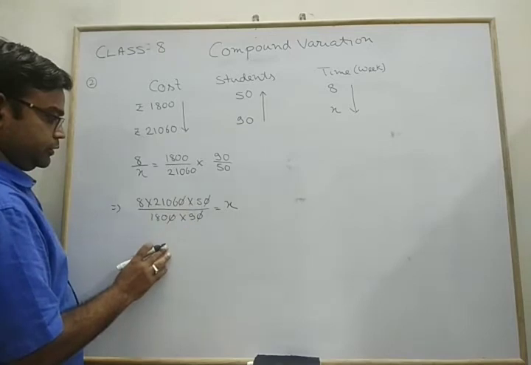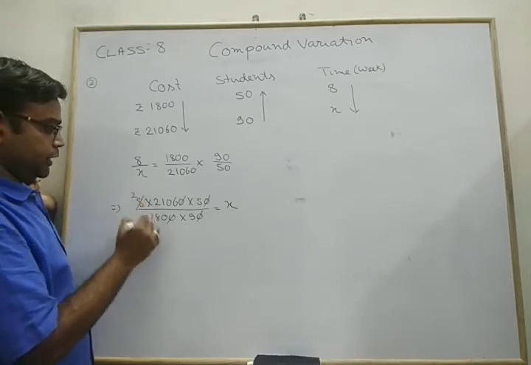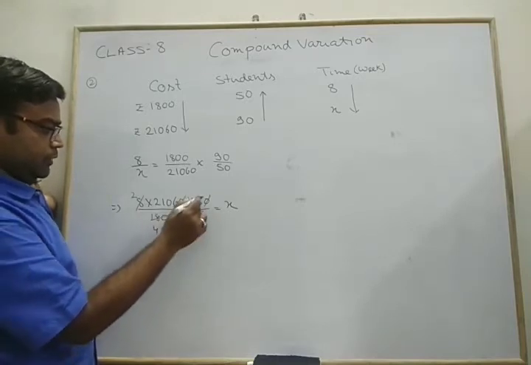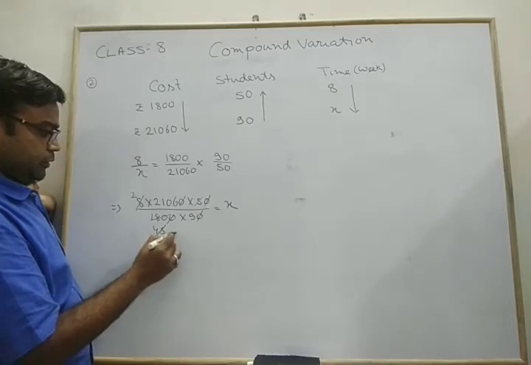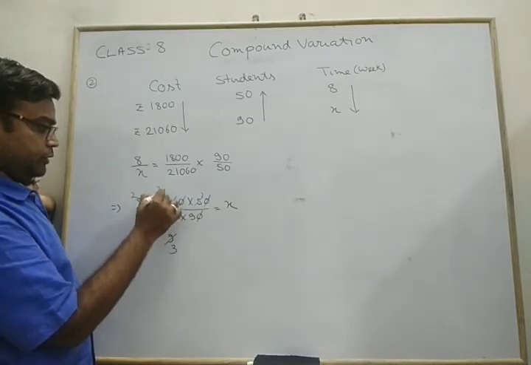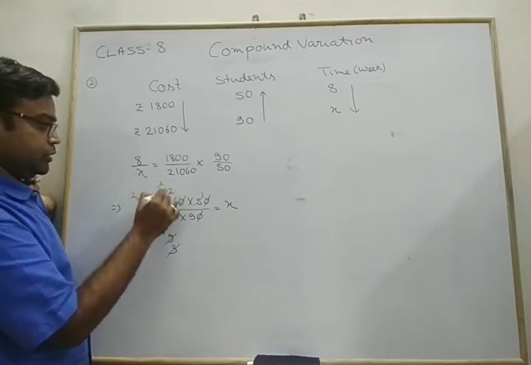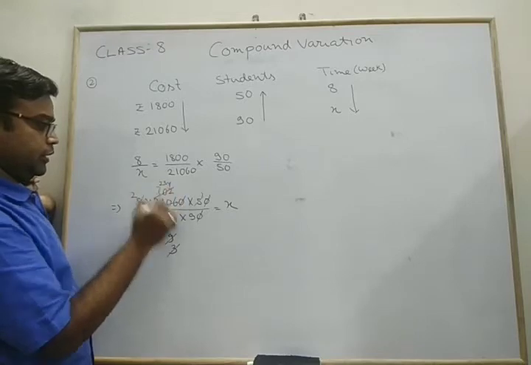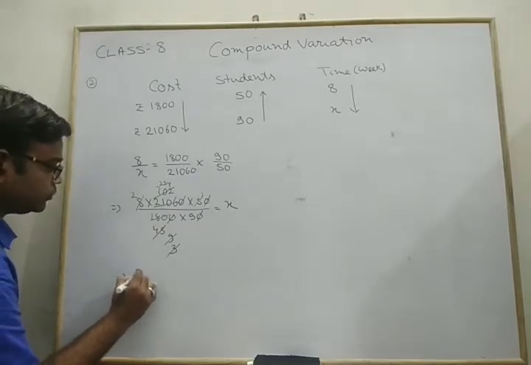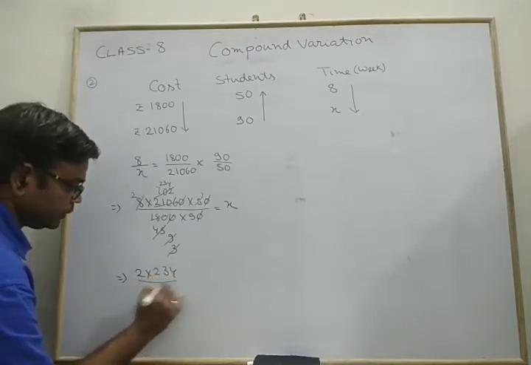This one cancels, this one cancels. Now 2 fours are 8, 4 fours are 16, 5 nines are, cancels. 3 threes are, 3 sevens are, 3 twos cancel again. 3 twos are 6, 3 threes are 9, 3 fours cancel. Now, in this hodgepodge, on this side, 2 into 2 3, so 2 3 4 by 9 equals x.